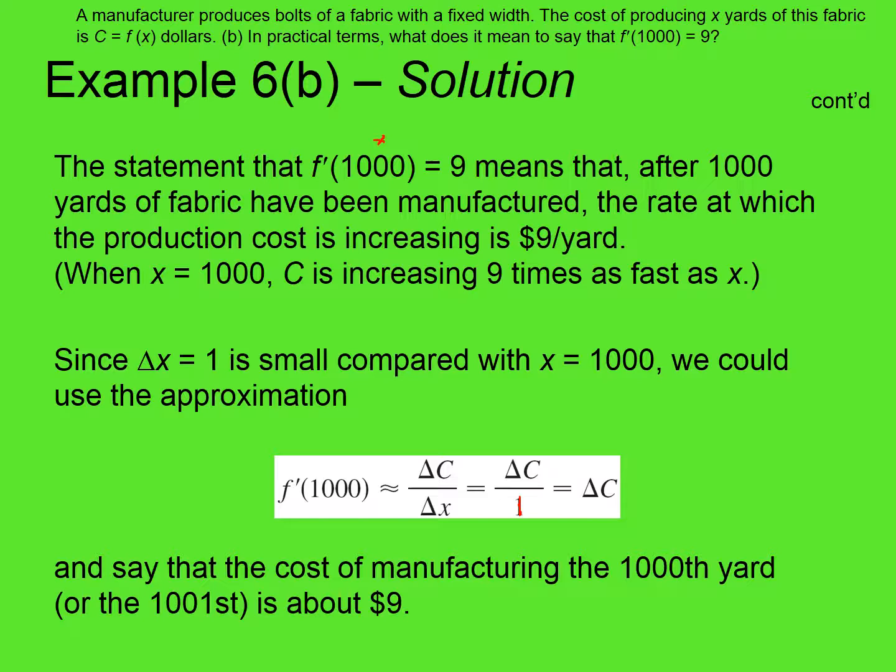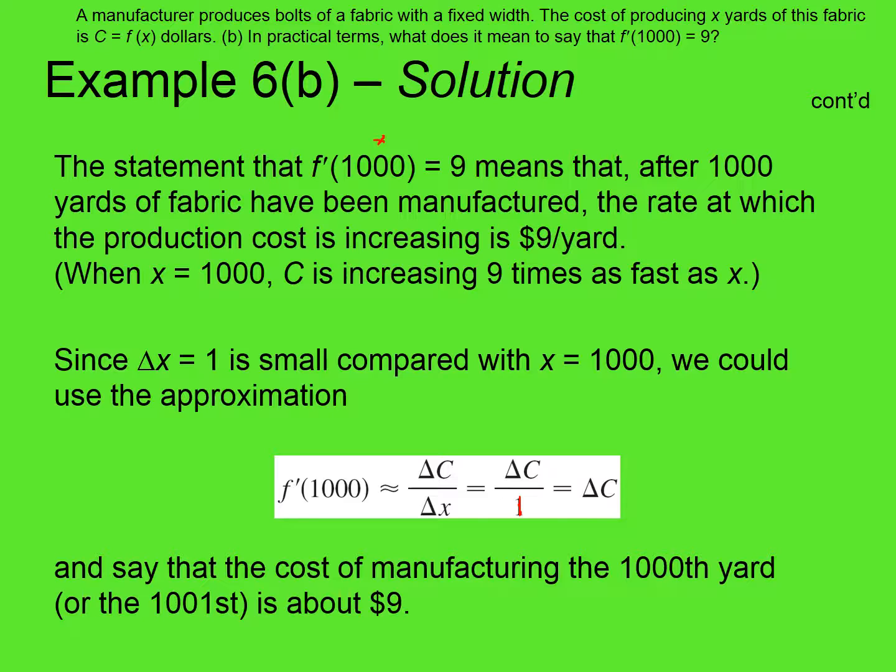Well, we're thinking about, at an instant, at that 1,000th yard, how much is cost increasing? Yard by yard by yard. If you somehow took a snapshot of the production at 1,000, what would you say? You just did the 1,000th, or what you could expect for the 1,001st yard of production?